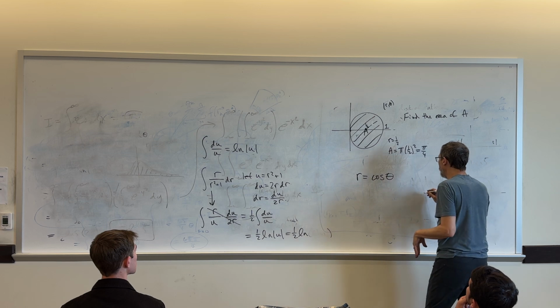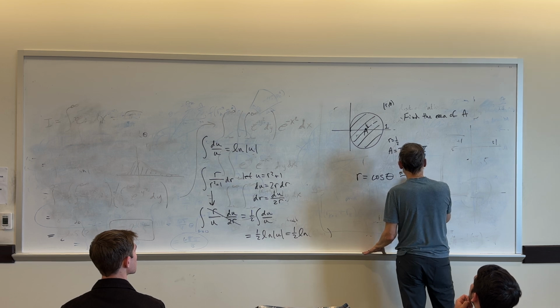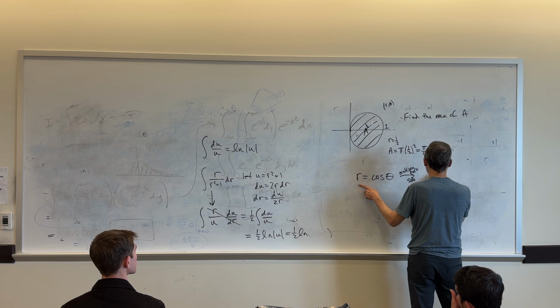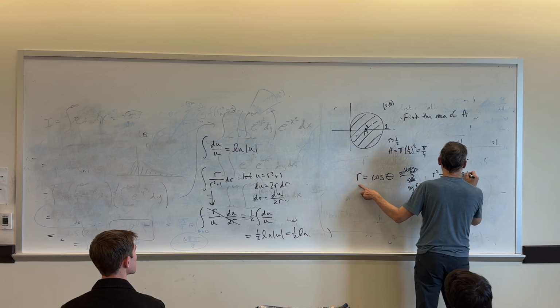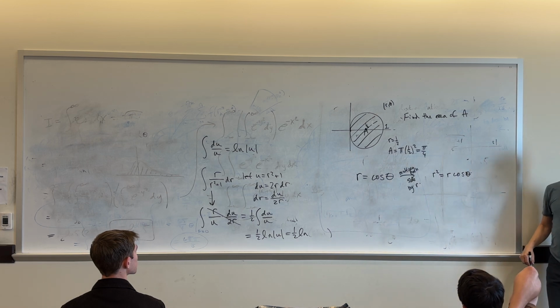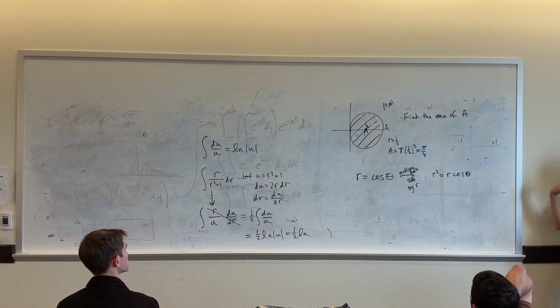Let me show you first off an algebraic way. I'm going to multiply each side by r. So I get r squared equals r cosine of theta. Does r cosine of theta ring any bells from those conversion formulas that I put up a little bit ago?